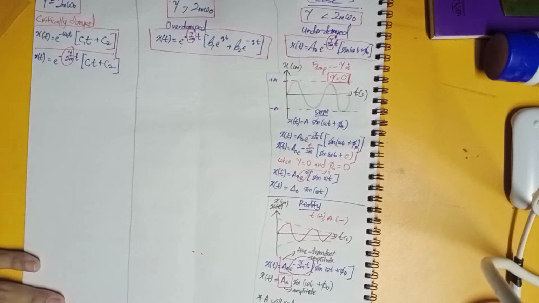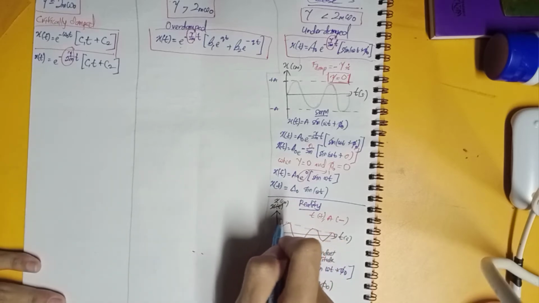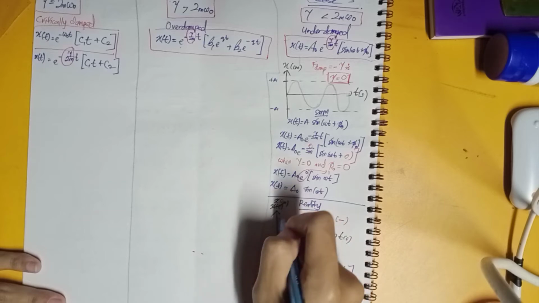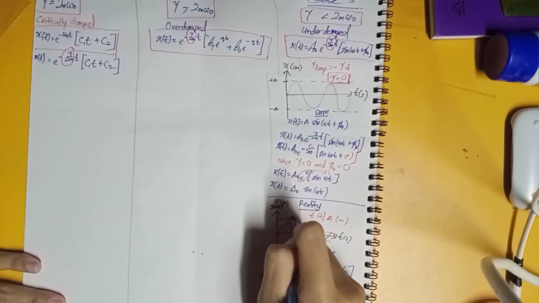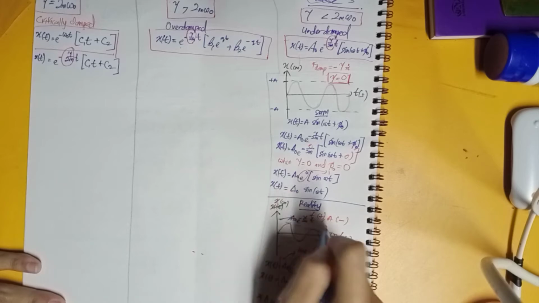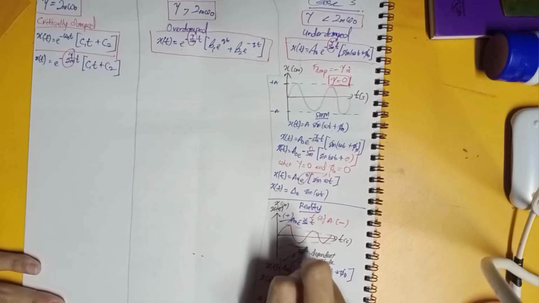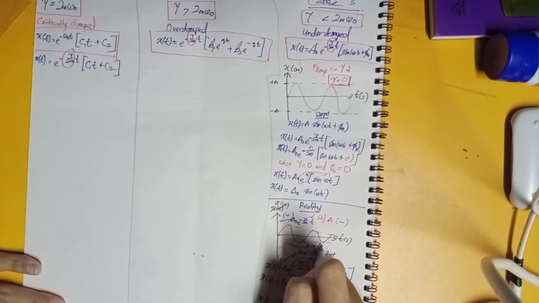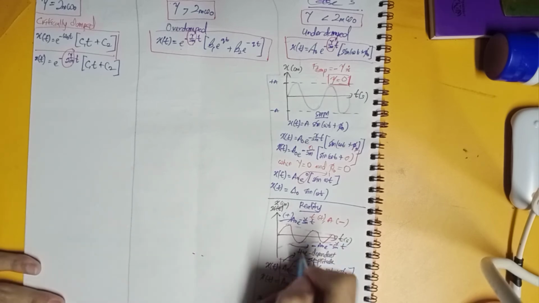That's what happened. So this one right here, the dotted line, is equal to A naught exponential power of negative gamma over 2m times t, positive. And this right here is negative A naught exponential power of negative gamma over 2m times t, which is negative.